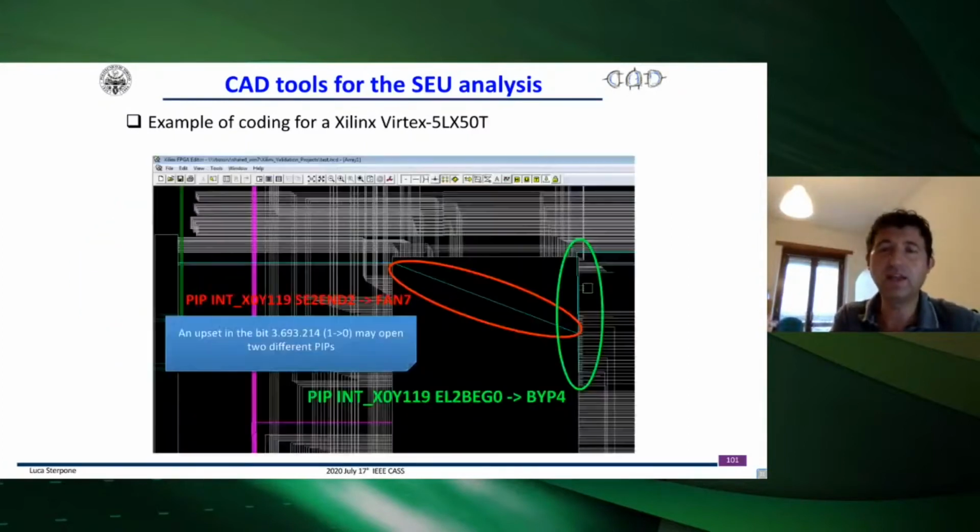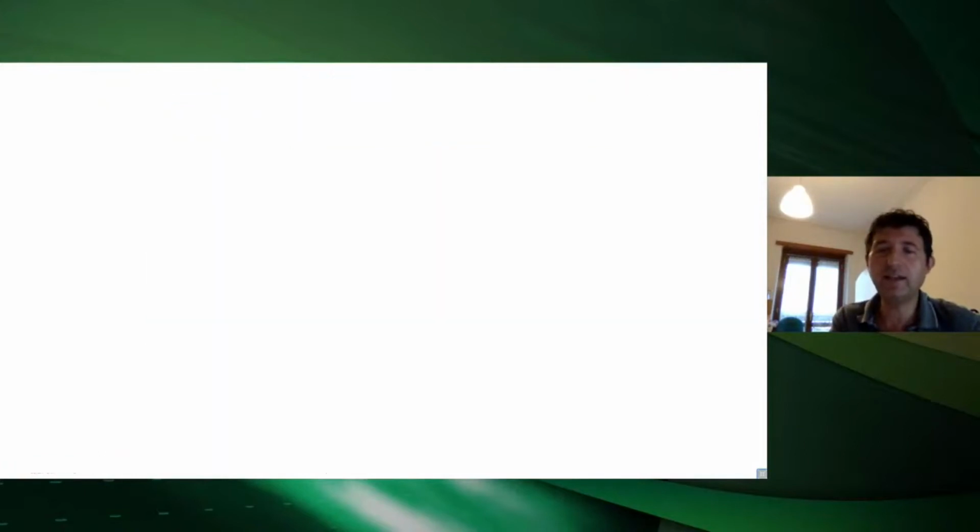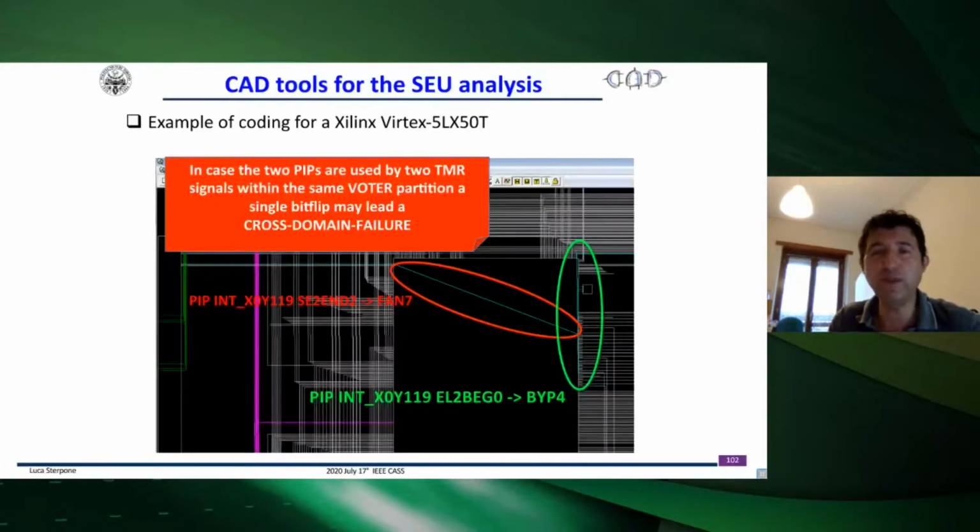You have an error. And even if you implement TMR, as the question appeared before, you will not be able to mitigate it, because you will have an error that duplicates on 2 instead of 1. And then you have the TMR condition that is going to fail and doesn't work anymore.